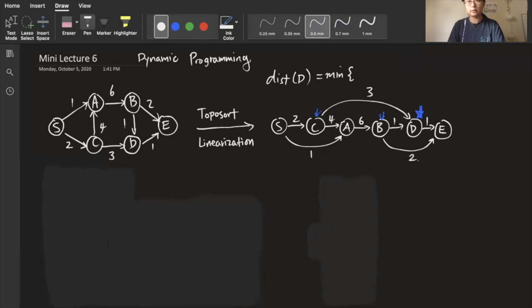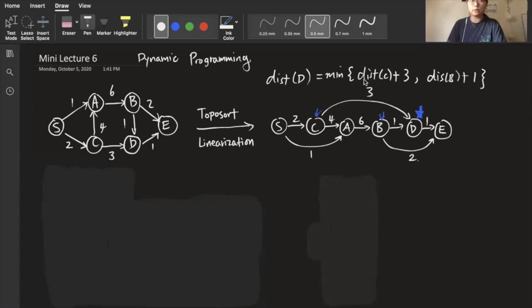You either go to the node C first, so distance to C, and then you add however long it takes to get from C to D, which is 3 here, or you get to B first, so distance to B, and then you add the distance from B to D, right?